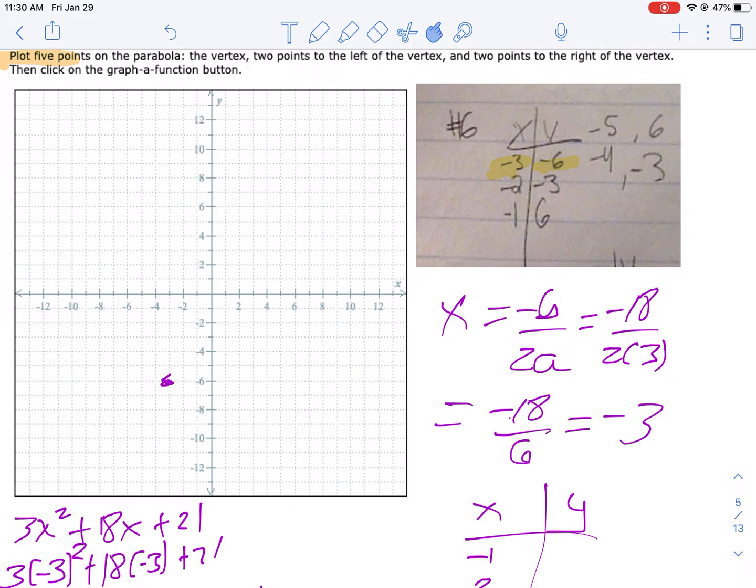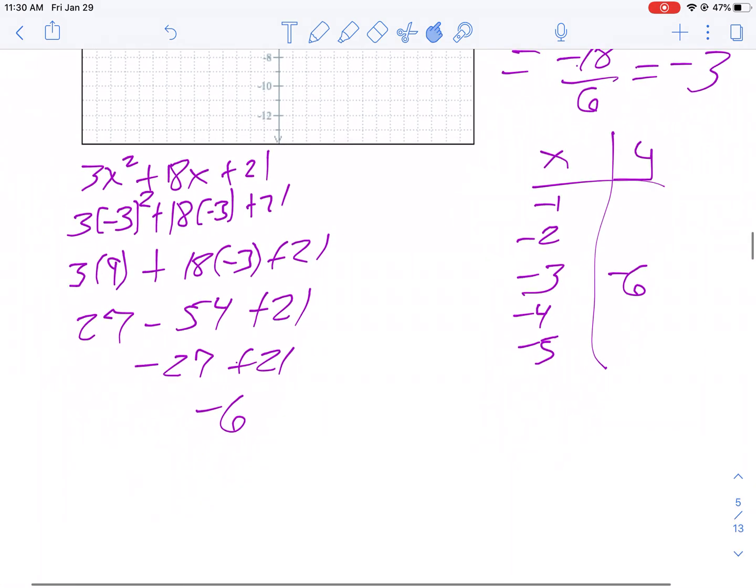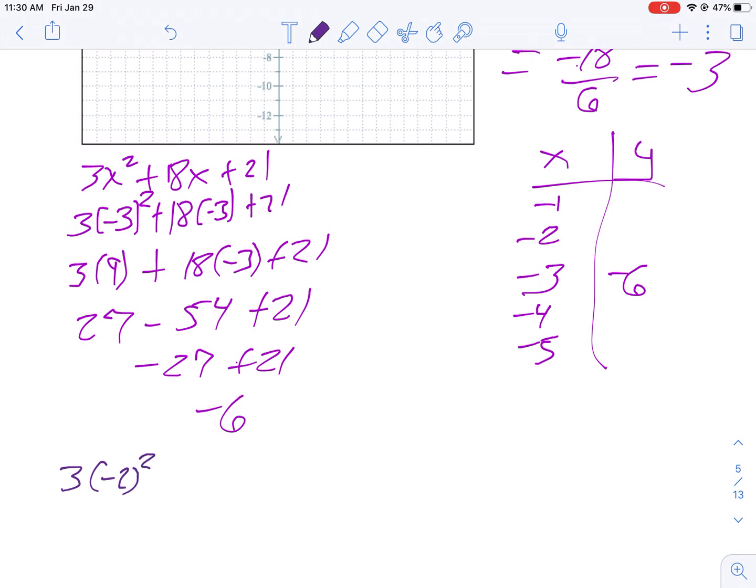Let's do another one. Let's do -2. So I have 3 times -2 squared plus 18 times -2 plus 21. Well, -2 squared is +4. 18 times, oh, I'll do that the next line.